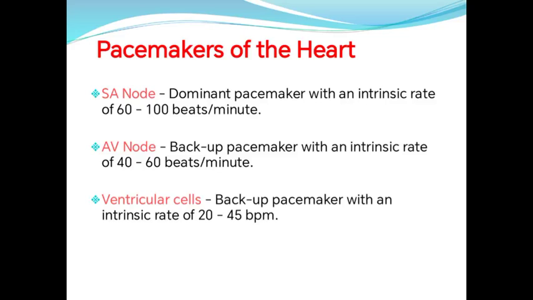We have some block in the conductive system after the AV node. The ventricular cells will then take over the activity of the heart, giving a rate of 20 to 45. So a patient with complete heart block usually has a very slow rate of around 20 up to 45 beats per minute.